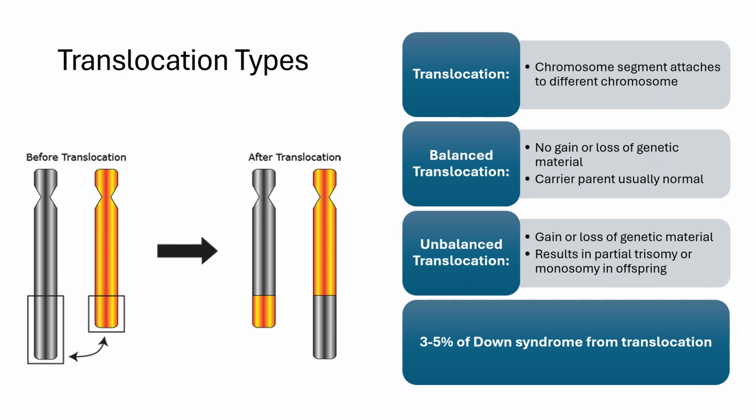If one parent carries a balanced translocation involving chromosome 21, future pregnancies face significantly higher risks than the age-related risks associated with nondisjunction. This distinction drives our recommendation for parental karyotyping when translocation Down syndrome is identified.